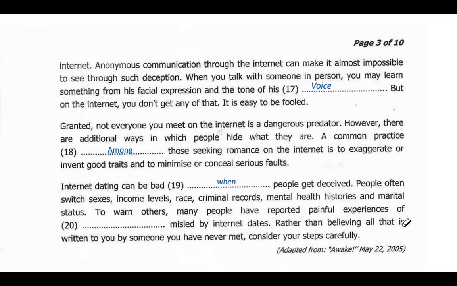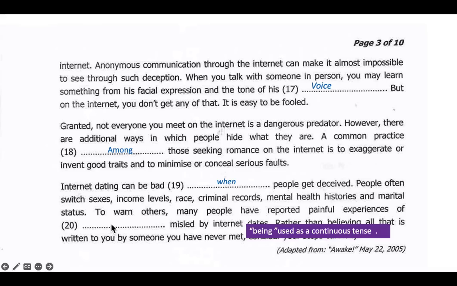So here the word that we can catch is being. Being misread, because the internet can mislead you. Rather than believing all that is written to you by someone you have never met, consider your steps carefully. So there the word which I will apply is been. I'll apply the word been even though I didn't indicate it, but I'll try to indicate the word there.